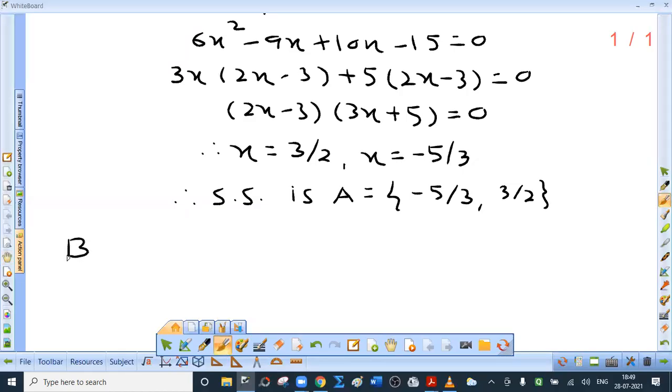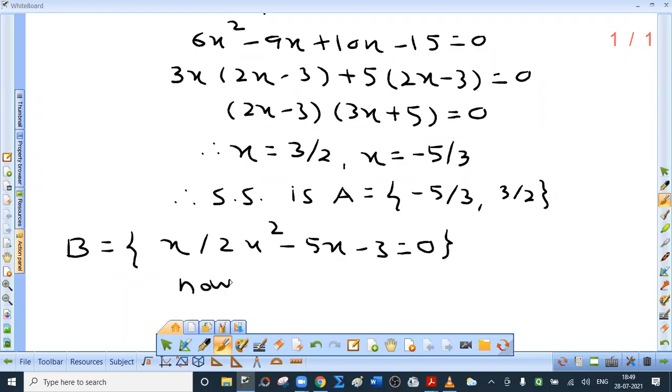Now B, set of all x such that 2x square minus 5x minus 3 equal to 0. Now, can you tell me the factors of this?